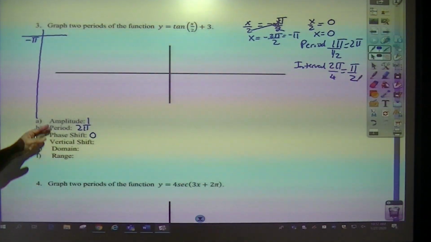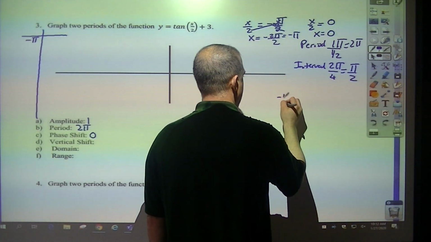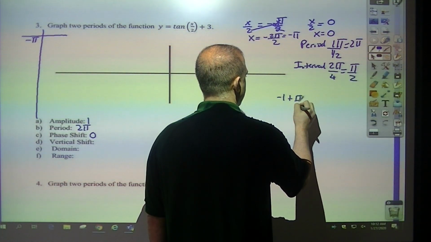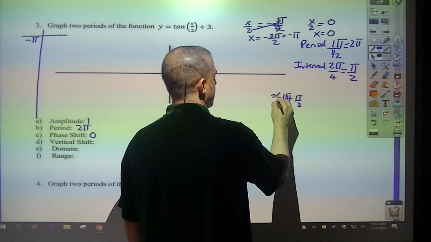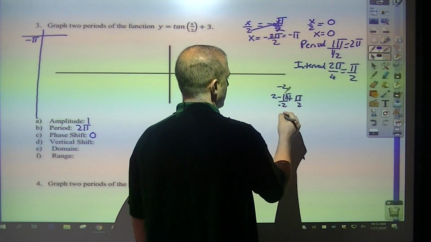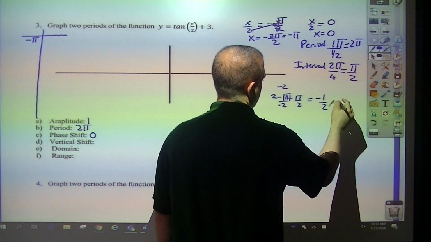So I want to take negative 1 pi and add pi over 2. If I get a common denominator there, that's negative 2 over 2 plus 1 over 2, which is negative 1 over 2, or negative 1/2.